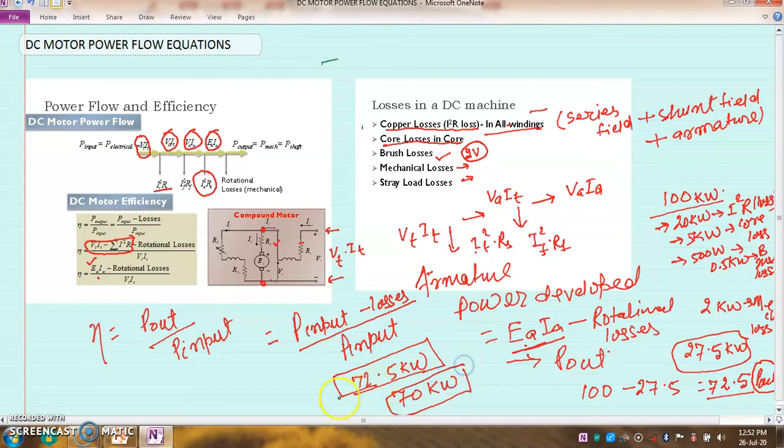So where did this 2.5 kilowatt go? This 2.5 kilowatt we could not find by any means. That is called stray loss. Stray loss is just an approximation, and by hit and trial method we can find these losses. So this is all about efficiency and loss calculations.